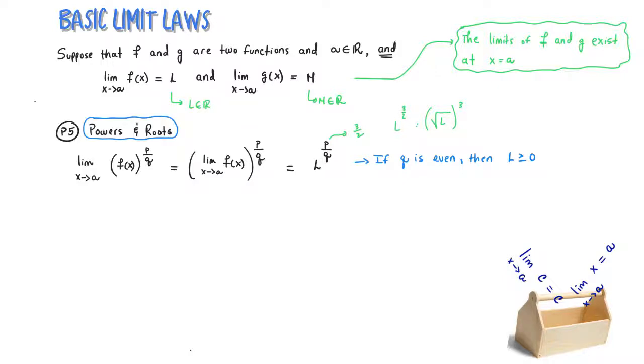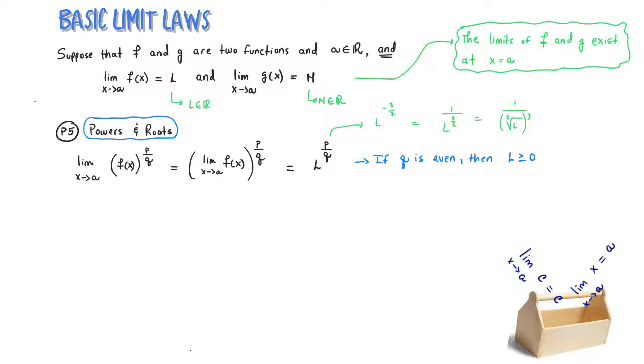Similarly, I can have a negative fraction, right? Nobody says that p over q has to be positive. For example, imagine that we had L to the negative 3 over 2. Then that means 1 over L to the 3 over 2, which means 1 over the square root of L to the third.